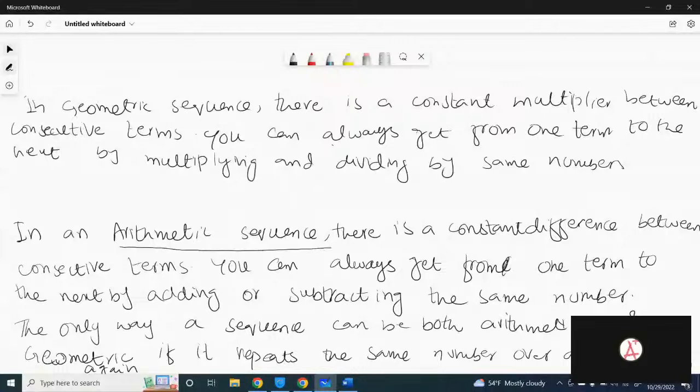Okay, I'll wait for a while. Please note down the definition so that I can start with examples. Be quick.